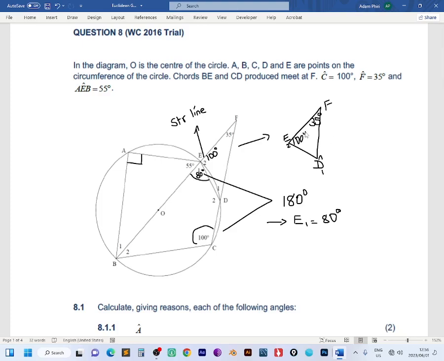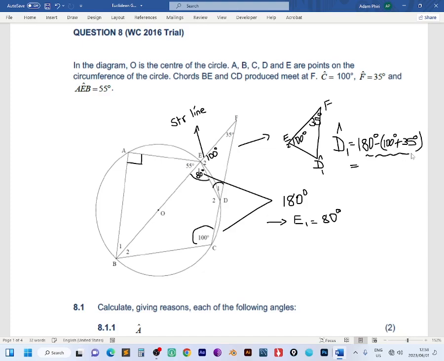Now you see that we have angle D1 there as 180 minus 100 plus 35. So it's 180 minus 100 degrees plus 35 degrees. So it's 180 minus 135. You can find the difference there to be probably 45. So I think that will be 45.